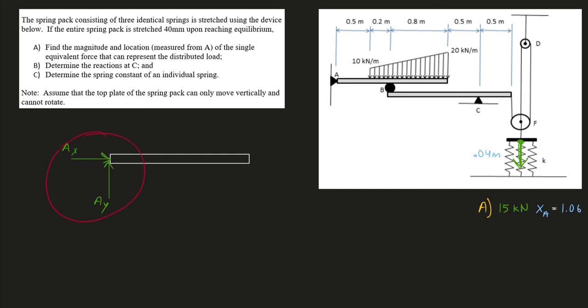So I'll have those two force component reactions from pin support A. I've already done some good work with this distributed load here. I know that this whole thing can be represented by a 15 kilonewton force measured 1.06 meters from A. The only other force I have is the upwards force from that roller at B. So that will be B, I'll just call it.